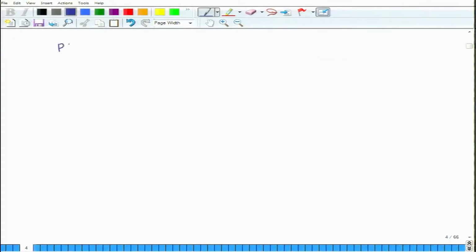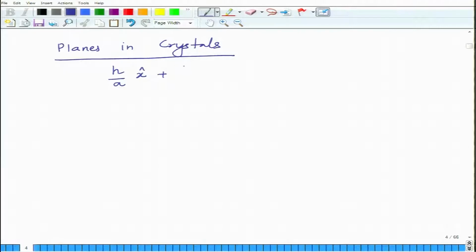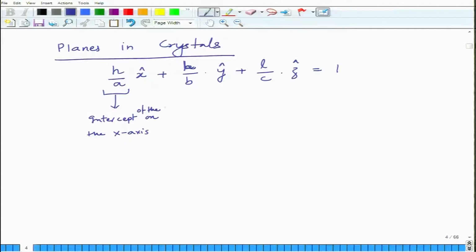So, for a plane in a crystal, the equation which is satisfied by the plane is h/a along x, plus k/b along y, plus l/c along z is equal to 1, where h/a is the intercept of the plane on the x axis. Similarly, k/b will be the intercept on the y axis, l/c will be the intercept on the z axis, okay.